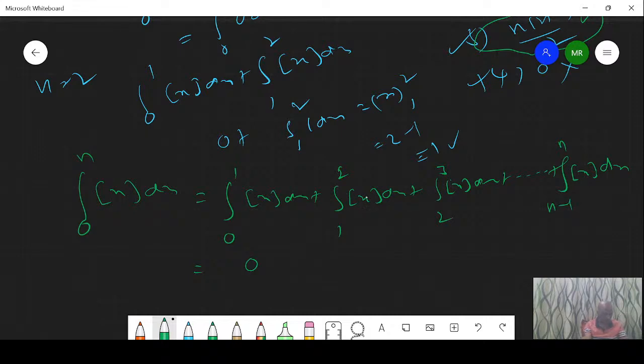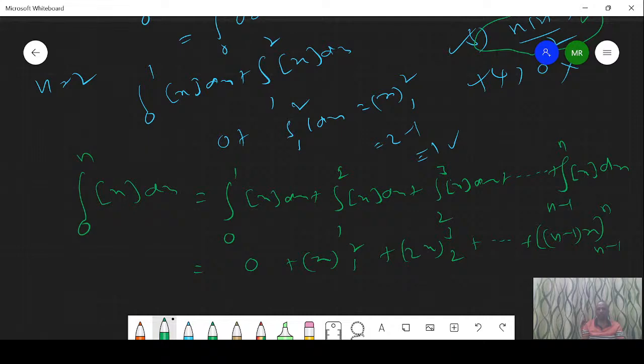It comes 1 only here, so I can write 1 times x with limits 1 to 2. Between 2 and 3 this will be 2 point something, so we get 2x from 2 to 3. I can continue like this. Finally, between n minus 1 and n the number is n minus 1, so you will get n minus 1 into x, applying limits n minus 1 to n.